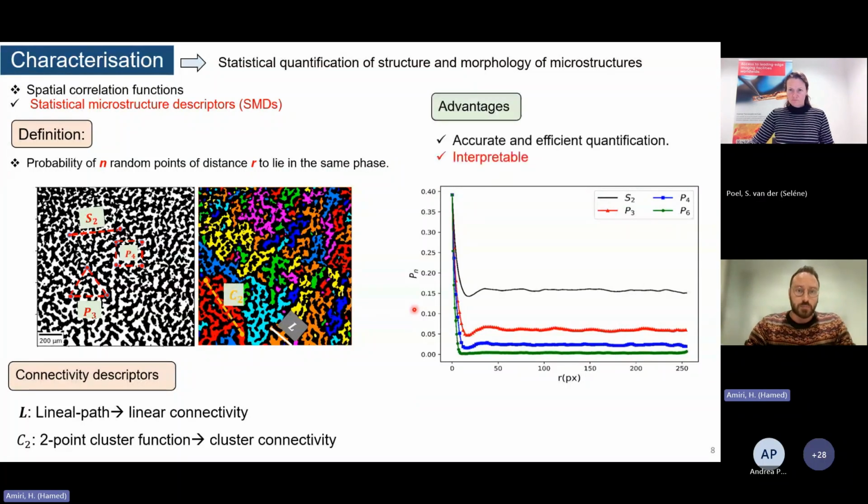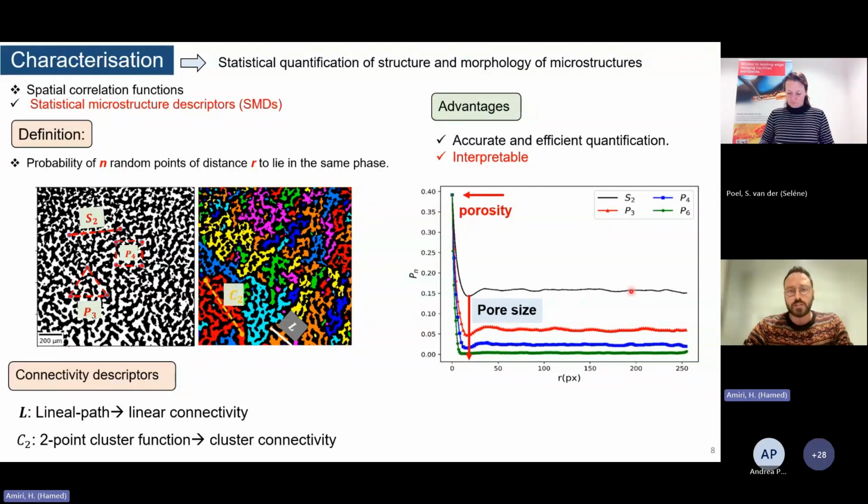But another important advantage of these tools is that they are interpretable. For example, the probability at r=0 shows the porosity because the definition reduces to the probability of 1 point, which shows the phase fraction. So in this case, porosity. At small r's, it gives you information about small scale features, for example, the pore size, pore channel size, and so on.